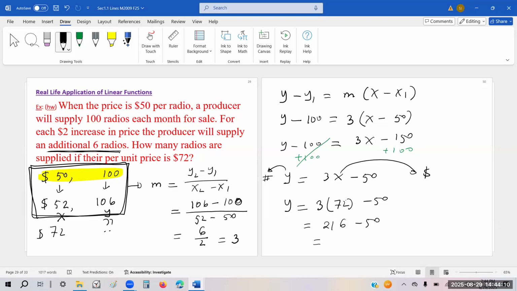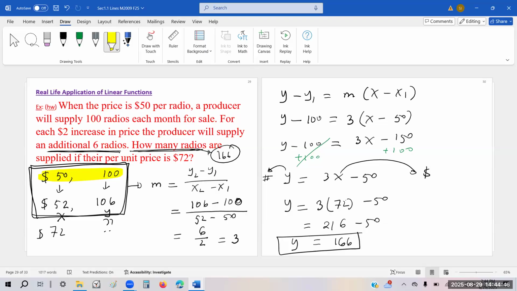Not mentally, you can use pen and paper. 166. So basically, it's saying 166 radios when the price is $72. If someone pays $72 for one radio, he's willing to produce 166 of them.